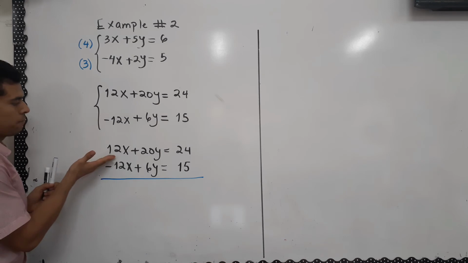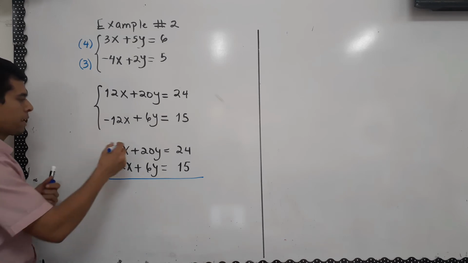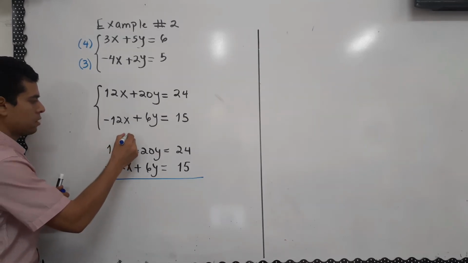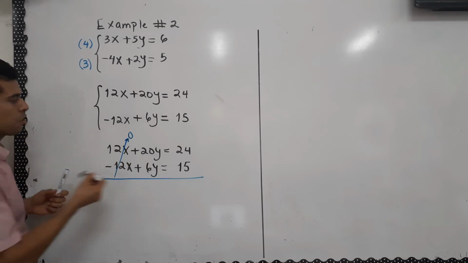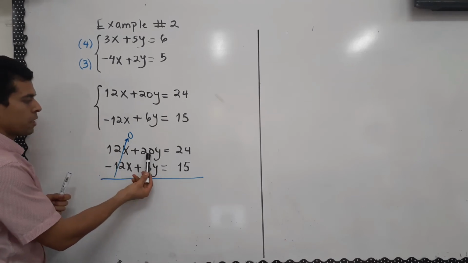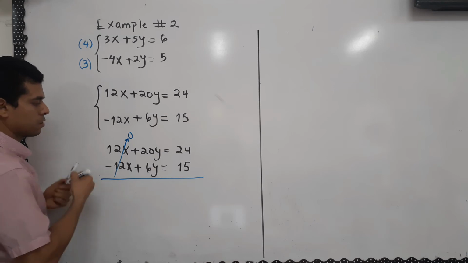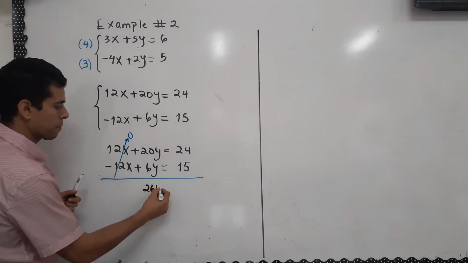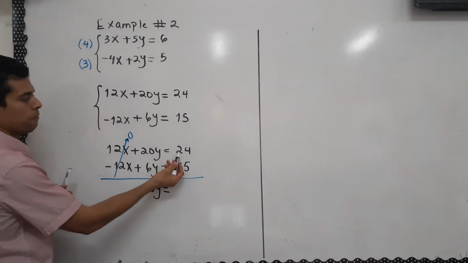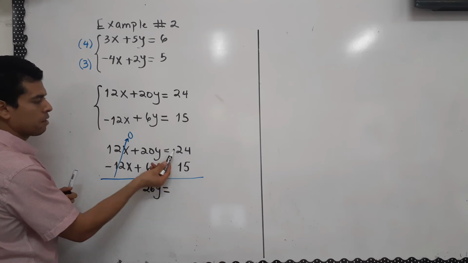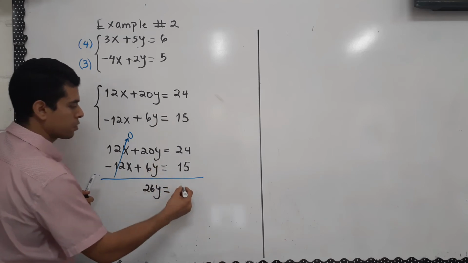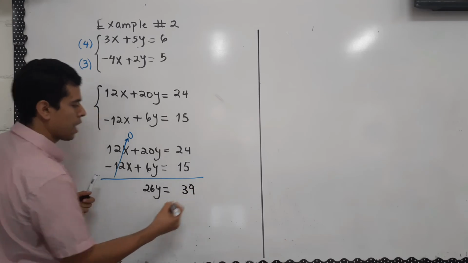In this case, 12x and minus 12x are going to cancel out. So since this is 0, and here you're going to do an addition: 20 and 6 is going to be 26y equal to 24 plus 15. They both have positive signs. It is going to be 39.